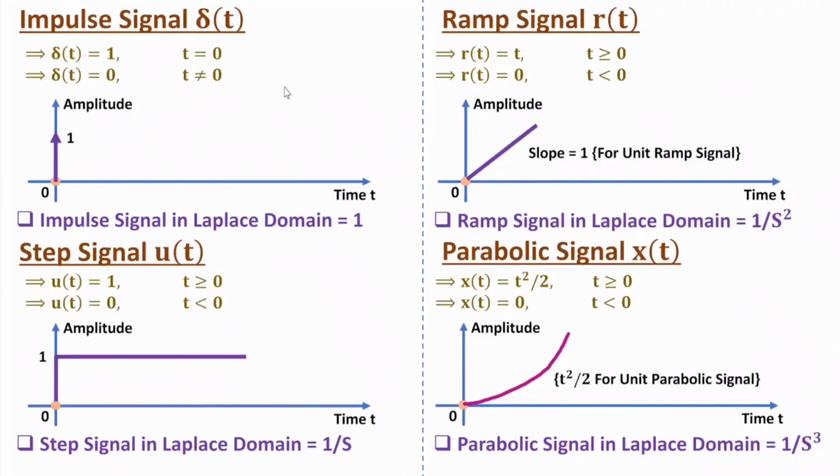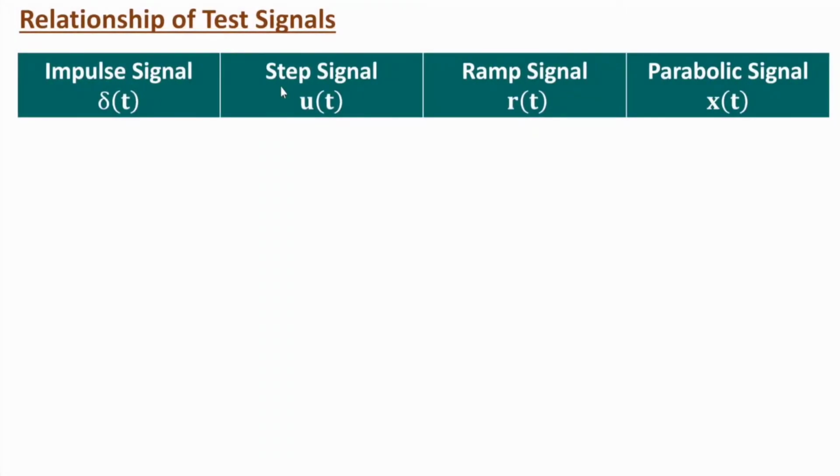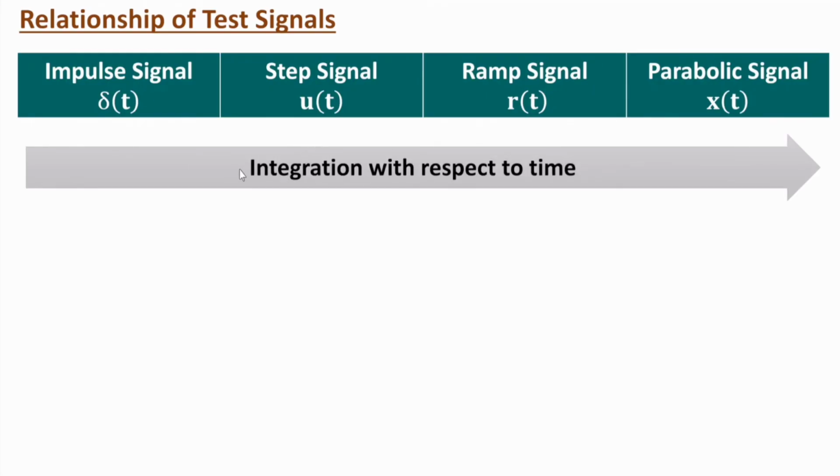Now let me explain the relationship between these signals. To identify the relationship, one should know what happens if you integrate these signals with respect to time. If you integrate the impulse signal with respect to time, you will get the step signal.